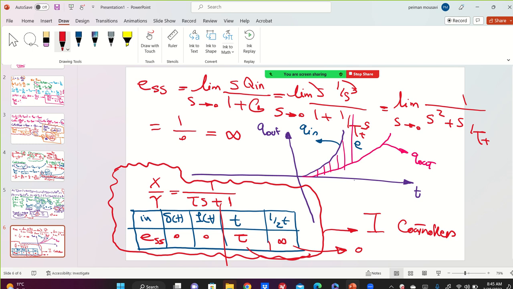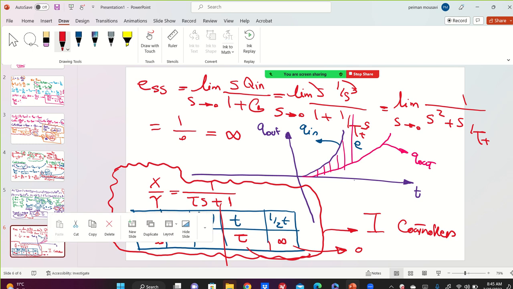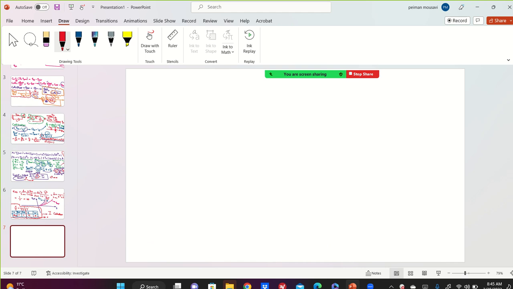So let's go to MATLAB, but before going to MATLAB, we also have to model this. Q out over Q in is 1 over tau of the tank S plus 1.